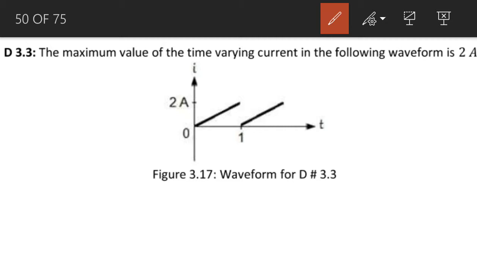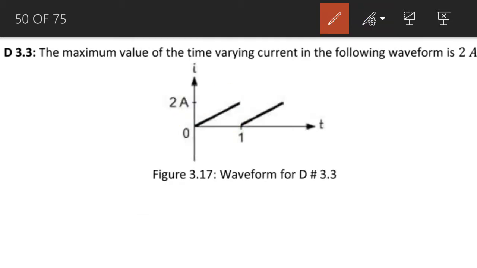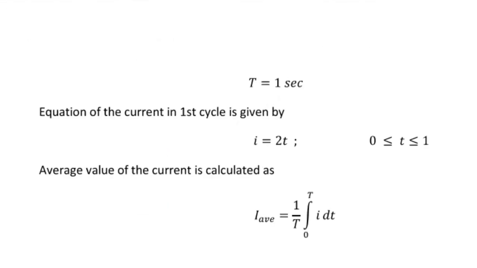We calculate the equation of this particular line, and we know that the slope of this line is 2. So the equation for this line is 2t.